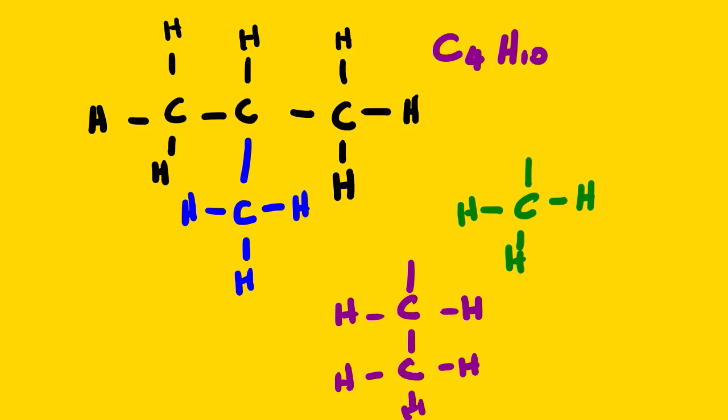Now these attachments, they also have names. This attachment, we call it a methyl. Yes, as you can see, the prefix is meth. Remember that if we have one carbon, we call it meth. Then when we're dealing with an attachment, we put YL. That is why it is methyl.